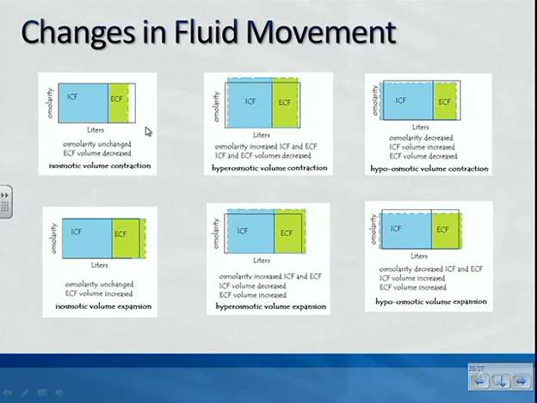If you see isoosmotic, hypoosmotic, or hyperosmotic, that tells you what has happened to the osmolarity. Isoosmotic, it has not changed. Hyperosmotic, it means it's gone up. Hypoosmotic, it means it has gone down. What you're seeing is the tail end: what happened? I did this, water did its thing, and this is the final snapshot.